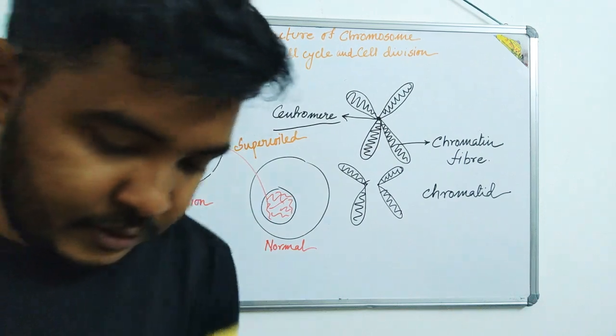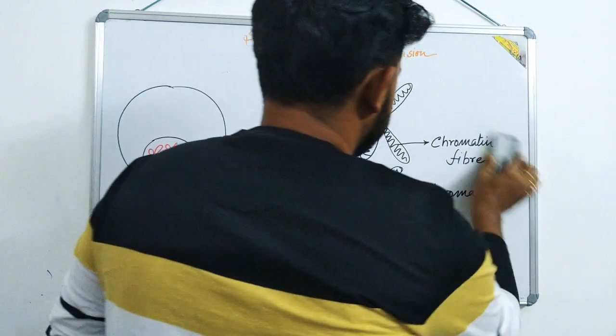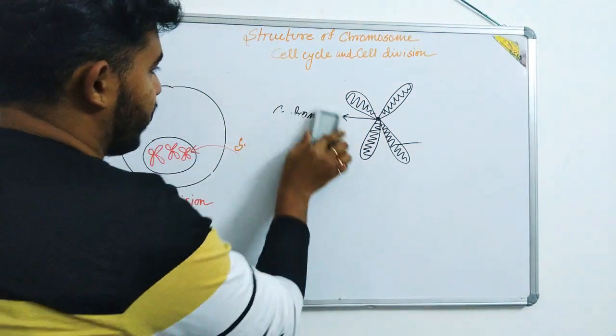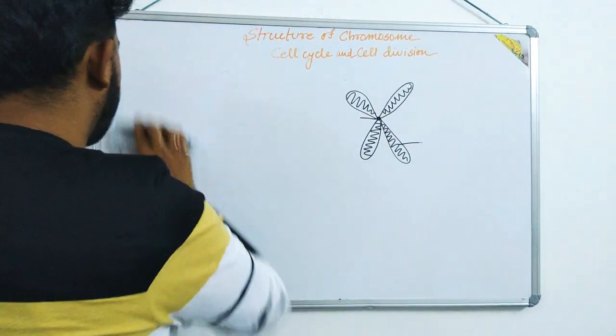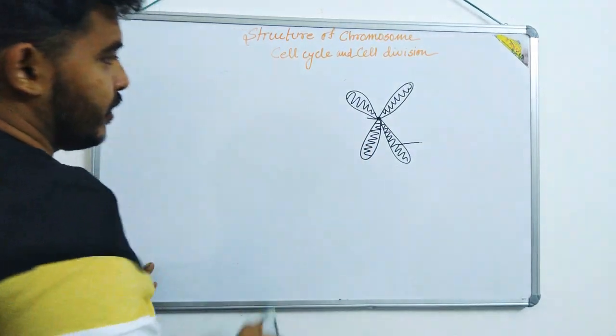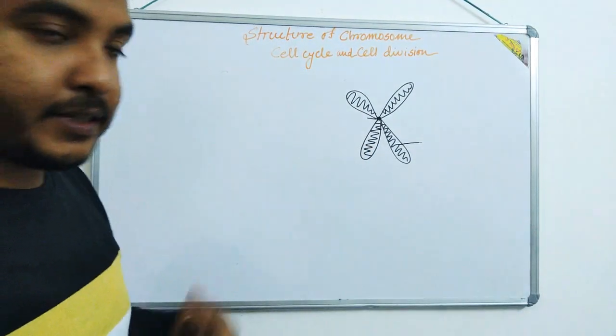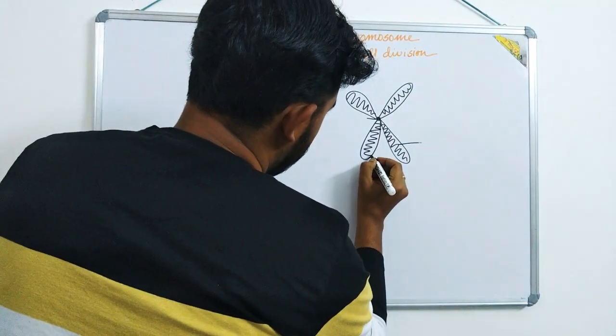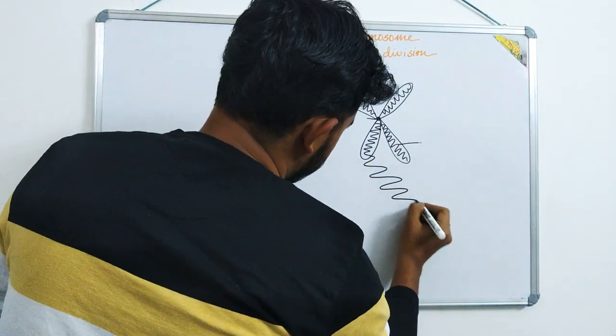Now what I will show you is what is DNA, what is gene, and how these chromatin fibers surround each other. I'm just taking this black pen.